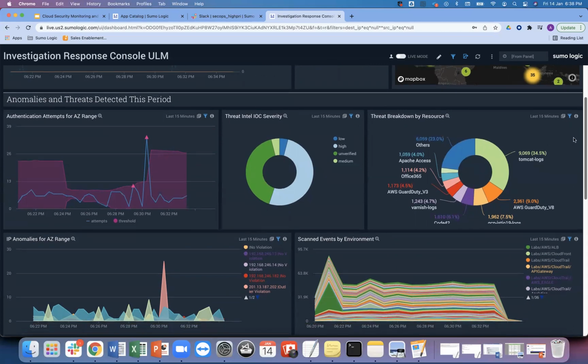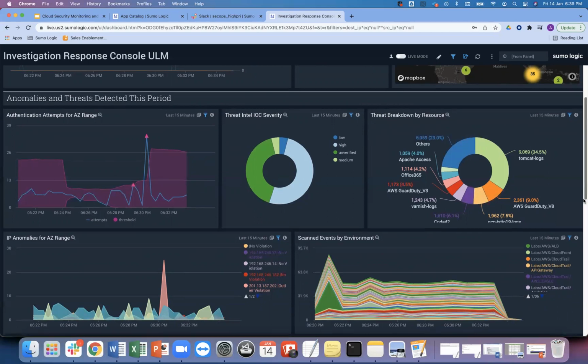Now, beside this graph, you can also see a threat intelligence indicator of compromise, showing a lot of unverified, low, and high threats which are identified by CrowdStrike data, right? And if you talk about the breakdown by resources, on what resource things are happening, this also gives you a lot of details.